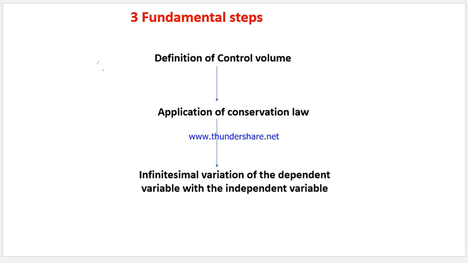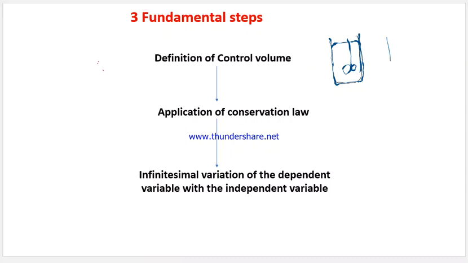We need to define our control volume. Basically, when we say define control volume, we mean in the space where the action is taking place, where the process is taking place. We need to define a portion or the whole of it where our parameters are uniform. So if the process or the reactor is well mixed, then the entire volume of the reactor is the control volume, because everywhere there is uniformity of concentration or temperature or whatever parameters of interest.